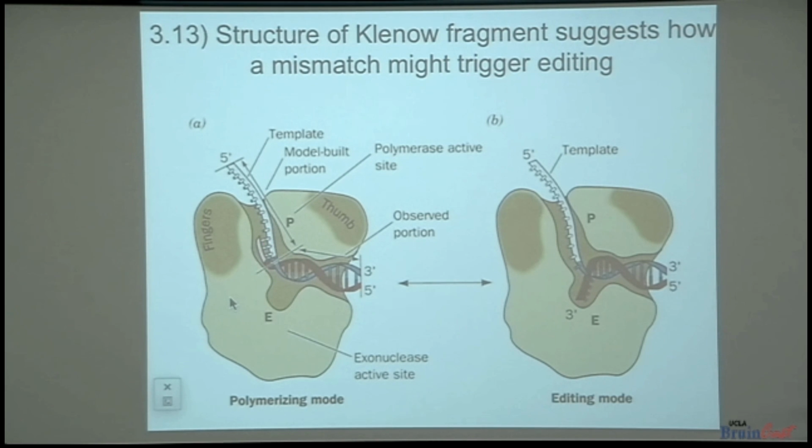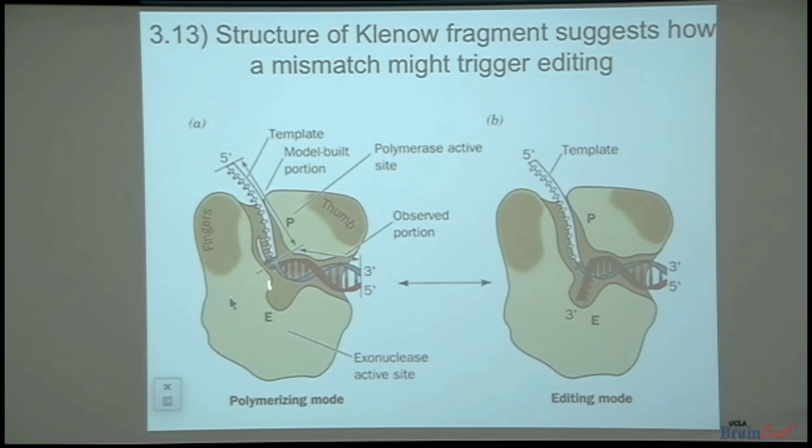That's going to weaken this duplex, making it more likely to fray, to come apart, because the mismatch destabilizes the duplex. Once this duplex begins to fray, this 3' end can move down here into the exonuclease active site, which also contains a pair of magnesium ions that coordinate water and catalyze this degradative reaction.